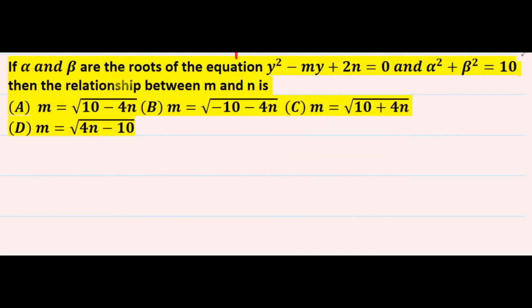Now, if alpha and beta are the roots of this quadratic equation and alpha squared plus beta squared is 10, then the relationship between m and n is dash.